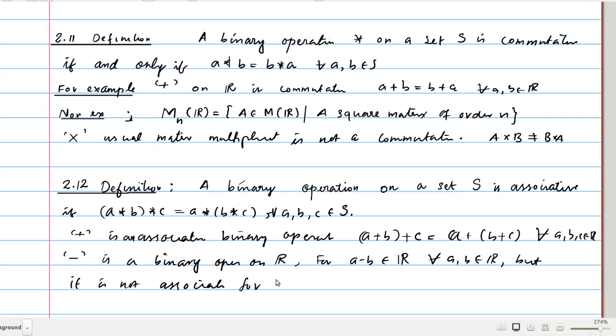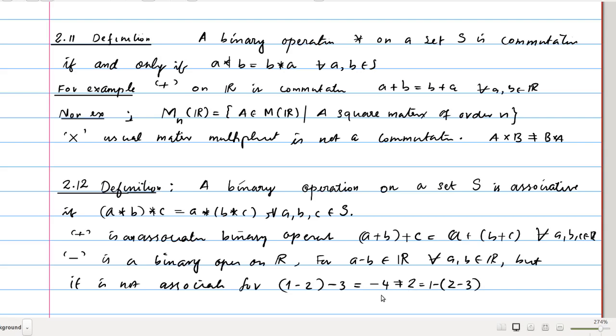Because 1 minus 2 minus 3: the value of (1 minus 2) minus 3 is minus 1 minus 3, that is minus 4, which is not equal to 1 minus (2 minus 3). This is 1 minus of minus 1, that is 2. So for this triplet, (A minus B) minus C is not equal to A minus (B minus C), using subtraction.